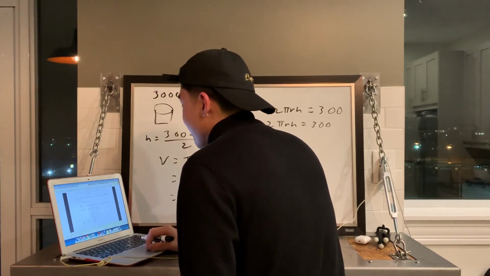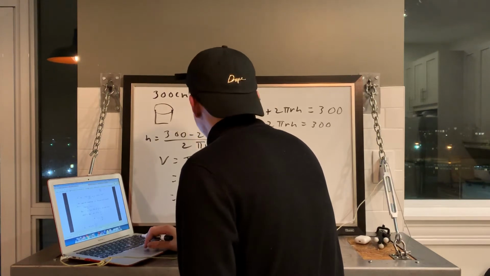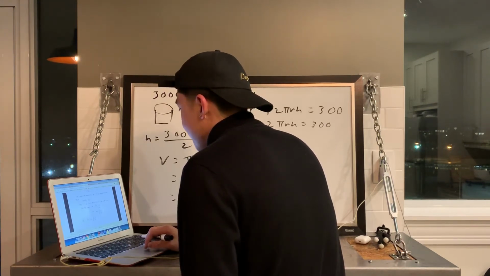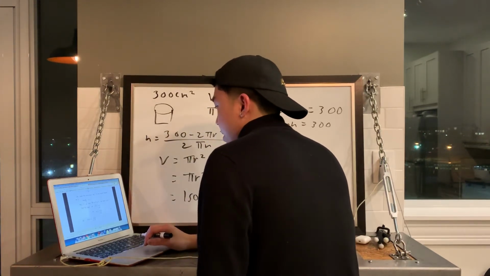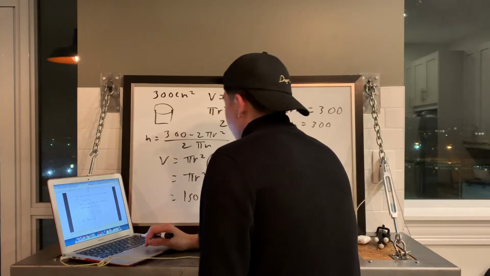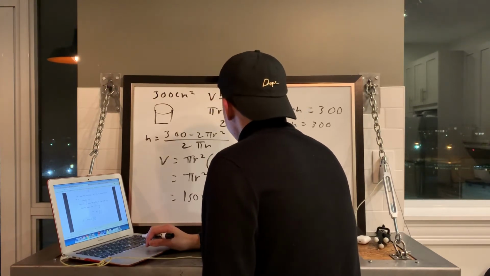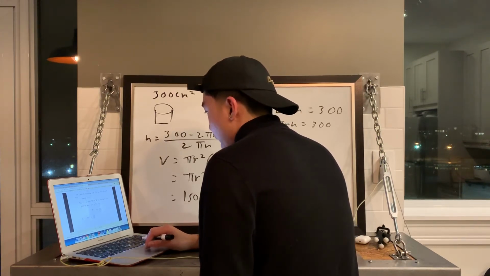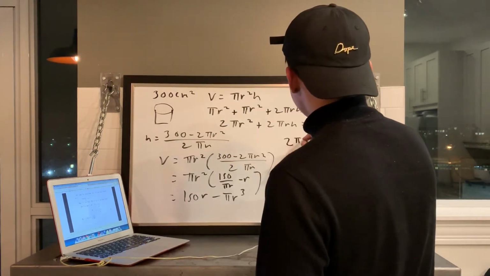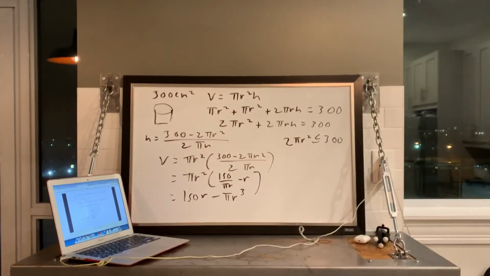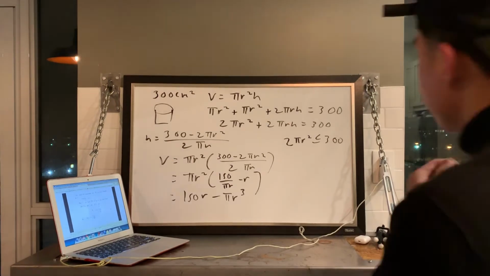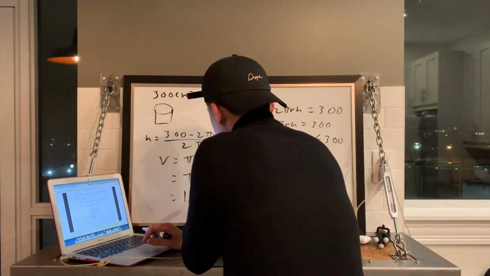So we've got to know our bounds again. Essentially, we have 300 centimeters squared of tin. So that means 2 pi r squared, which is the two faces, has to be less than or equal to 300. So your two circular faces, assuming you have no height at all, and you're trying to maximize, because we have only r's now, right?